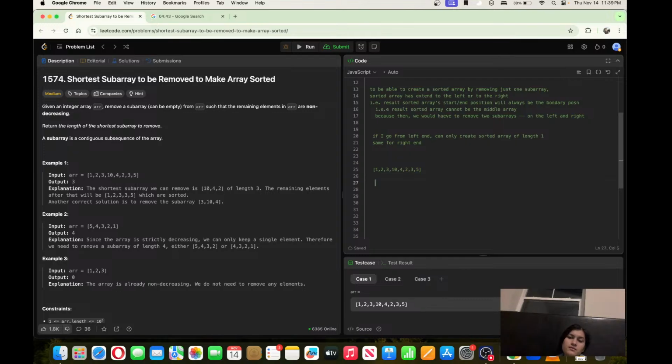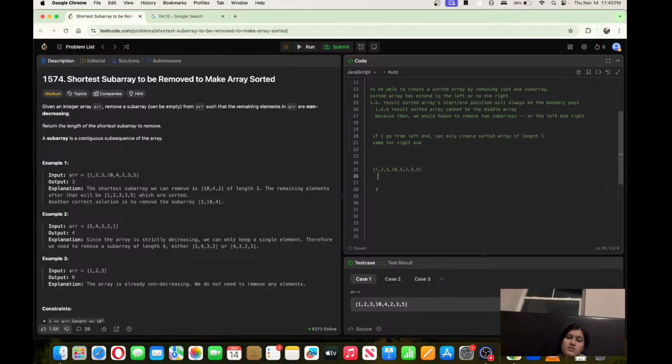So it means 1 2 3 10 4. Anyway, it means that 1 2 3 10, right? So there are 3 elements already. I mean, I've already got 4. The longest array will be already 4, you know.